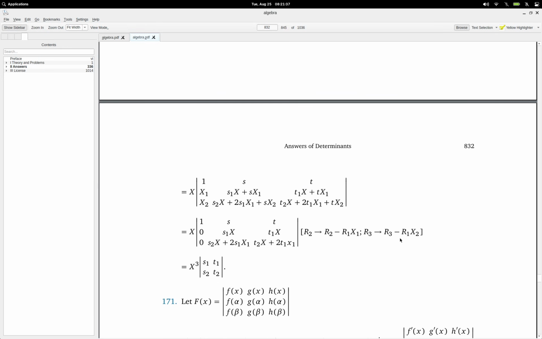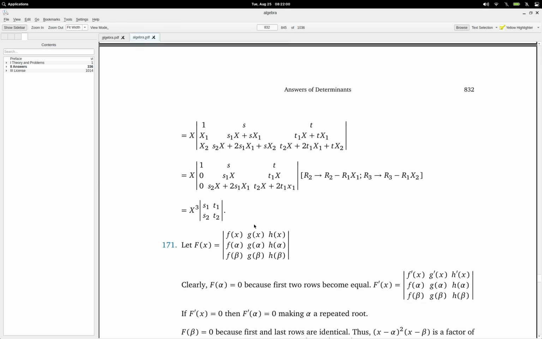Once we do that, we have two zeros here, and the second row, second column will become S1x, because Sx1 will be cancelled, and this will become T1x, and this will become S2x plus 2 S1x1, T2x plus 2 T1x1. So once we have that, we expand along the first column.